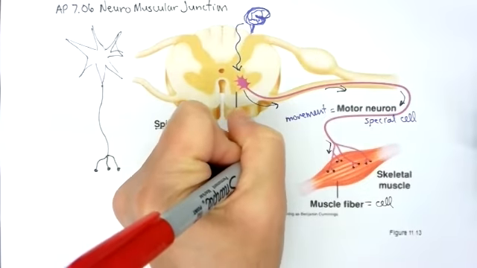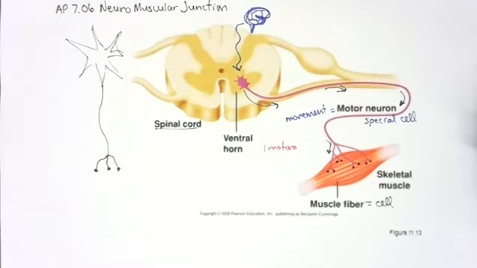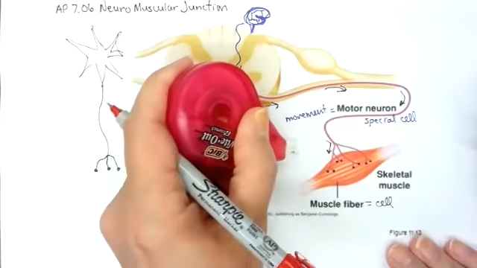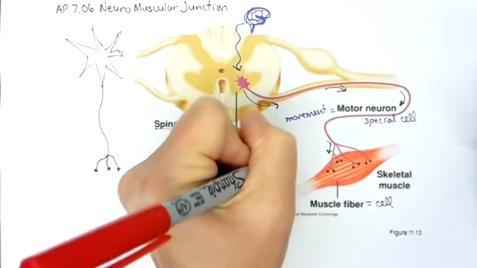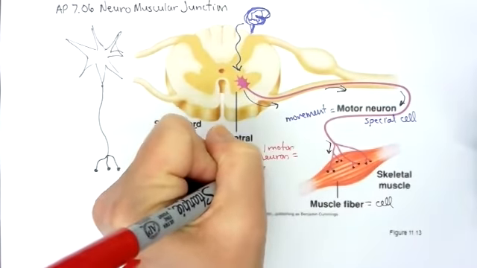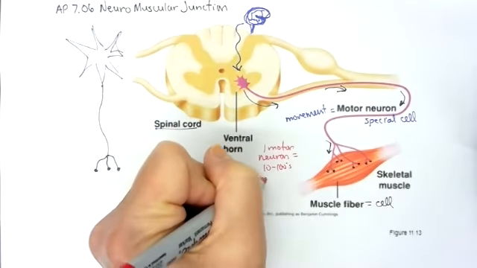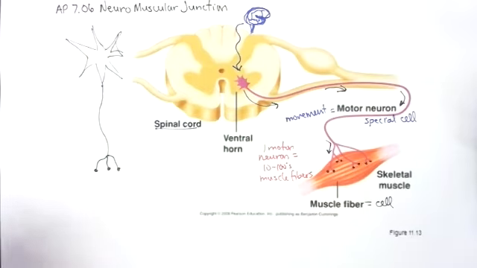So we have one motor neuron. One motor neuron can fire tens to hundreds of muscle fibers, which is the same thing as a cell.